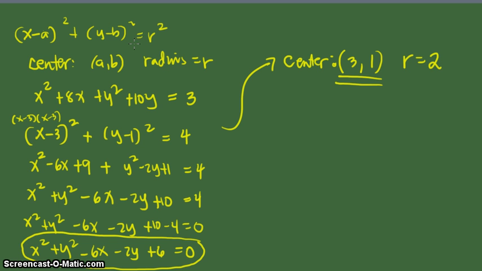Remember, if it is written in the standard form, it is very easy because all you have to do is to get this number and this number, and the radius is the r. Okay, very easy.